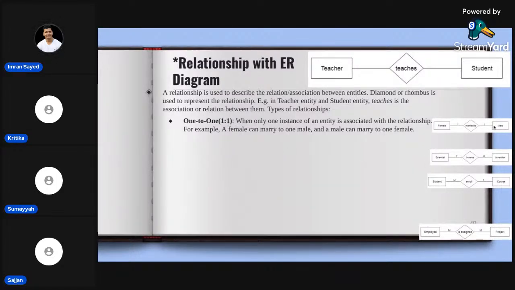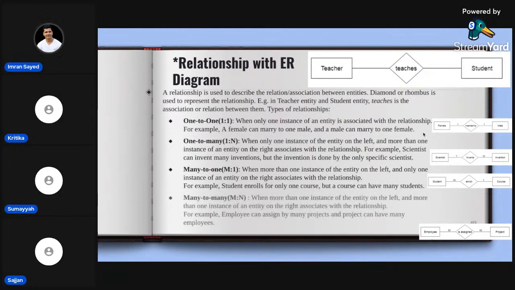In your diagram, you have a rectangle, let's say female, then the relationship name is married to, and then the second entity is male, and you put one and one to denote it. That's the diagram the question is asking you to draw. For example, one female can marry only one male and one male can marry only one female.